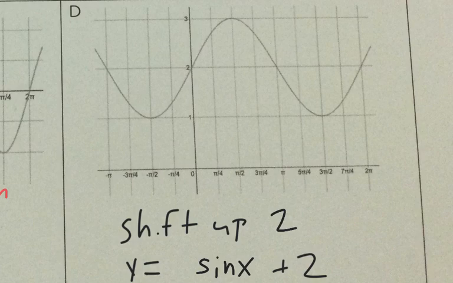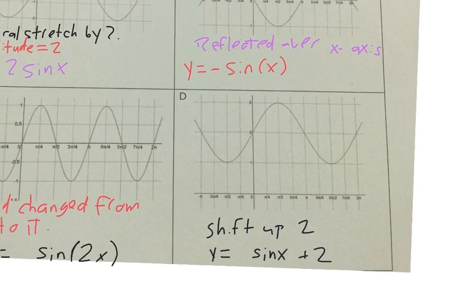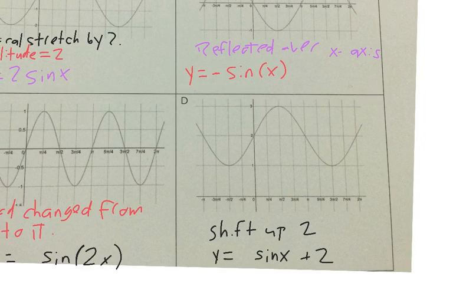So how many of those match up to what we've had? We wrote down D is sine of x plus 2, so we get that one. 2 sine of x is A, we get that one. Sine of 2x was C, we get that one.